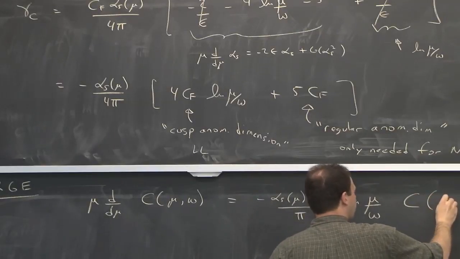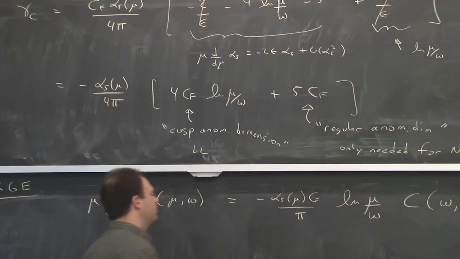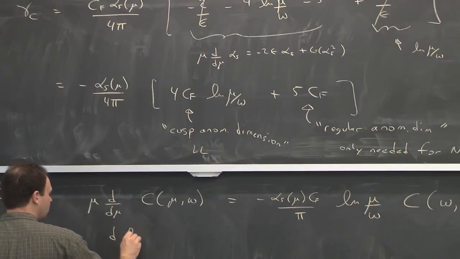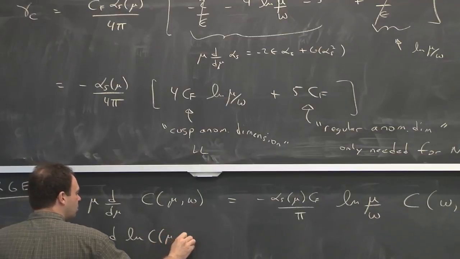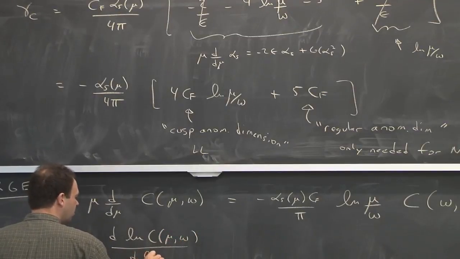So plugging that back into our equation for C, we have this differential equation, which we can also write as d log C by d log mu.